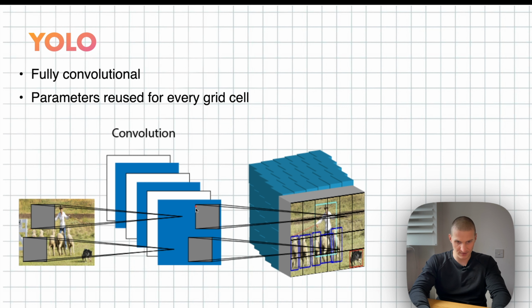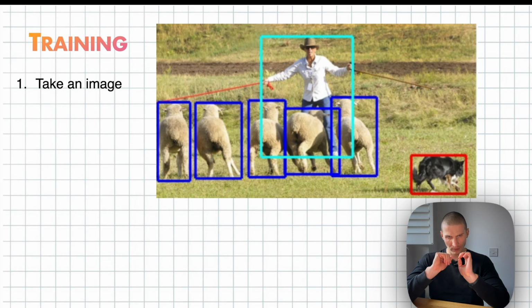Which means that the parameters for this filter are the same when creating this output as well as this output, for example. So even though we have these separate grid cells in the output, the actual parameters used to obtain them are reused across the grid.